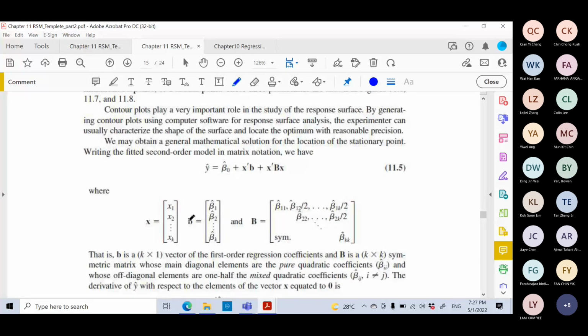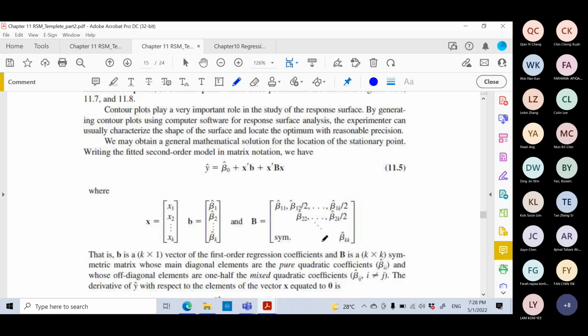The small letter b will be beta 1 hat until beta k hat. In the capital B matrix, the diagonal is your quadratic component, and the off diagonal is the interaction divided by 2. This is a symmetrical matrix, so the upper side and the lower side are symmetrical.